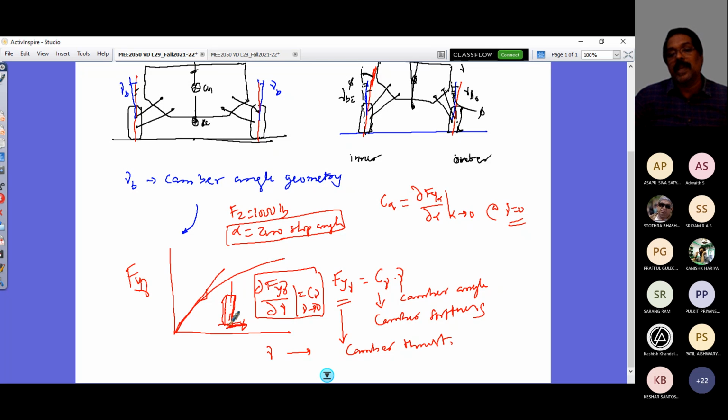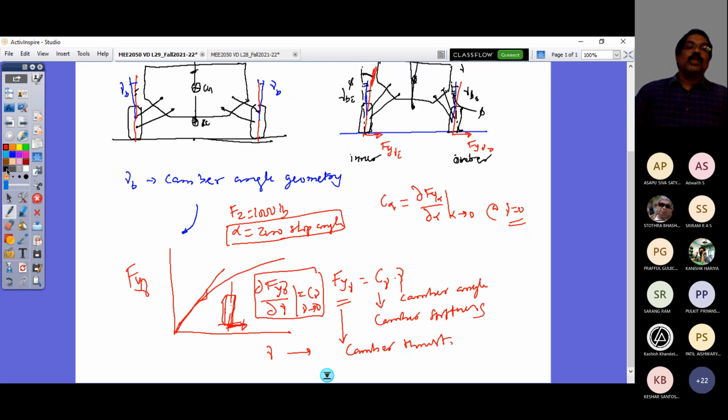The lean is in this direction, the camber thrust in this direction. If that is so, in this case your camber thrust would be in this direction, right? So Fy gamma inner, Fy gamma outer.